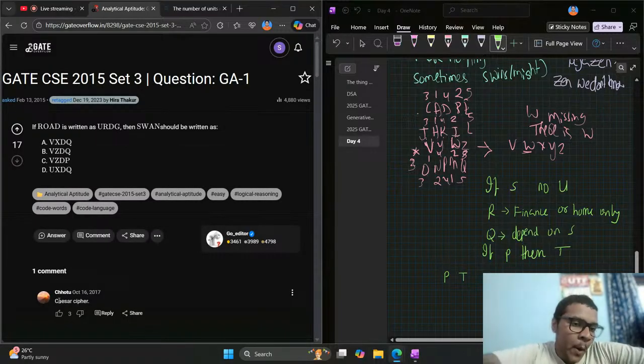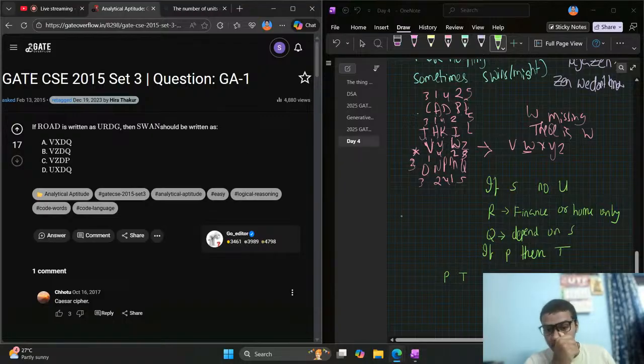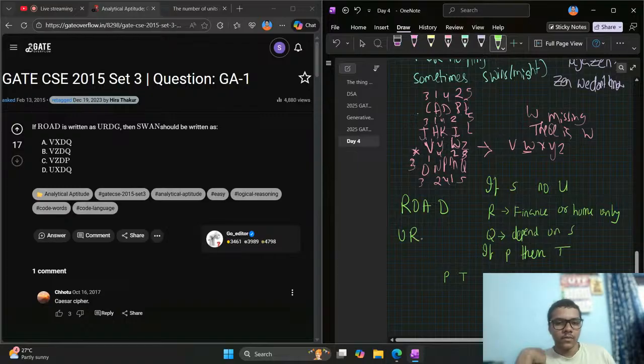Road is written as URDG. Okay, B, C, D, E, F, plus 3. If you see, A, B, C, D, E, F, G, plus 3. P, Q, R, S, T, U, plus 3.